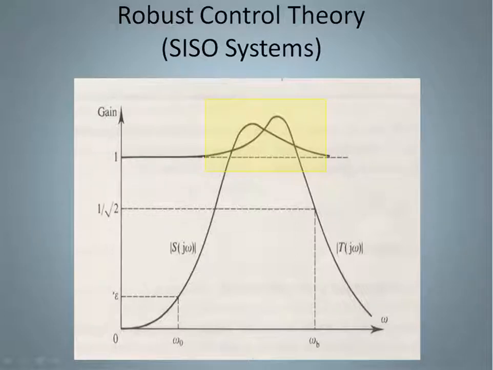It's not difficult to see that if the sensitivity peak is too big, the system will be very sensitive to a disturbance with this resonant frequency. For performance reasons, this resonant peak should be small and the bandwidth WB must be big, so tracking the reference will be more accurate, with faster response.